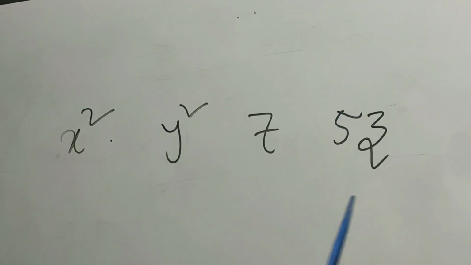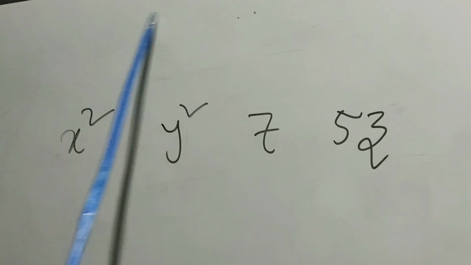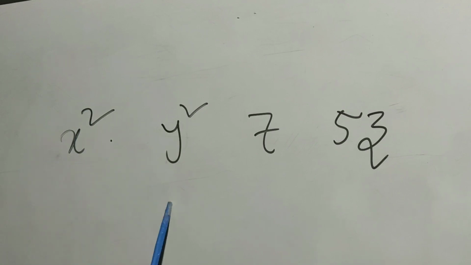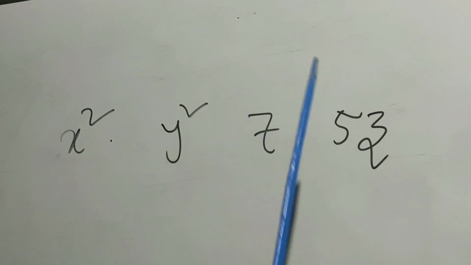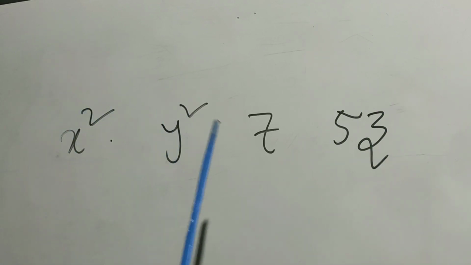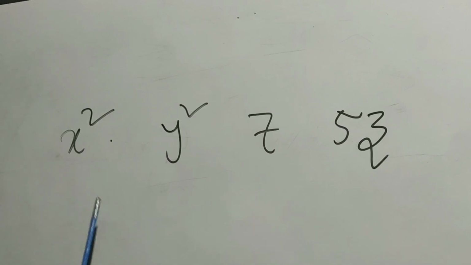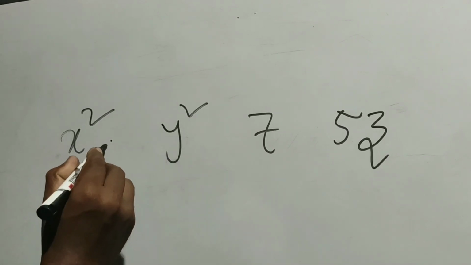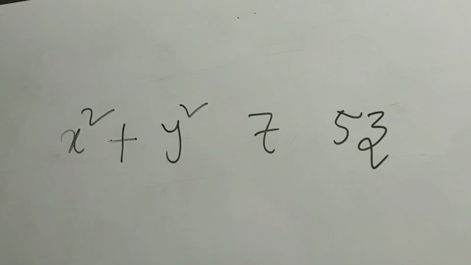Here a constant term and a variable are connected. If variables or constant terms or both, here both constant term and variable are present, are separated or connected by plus or minus. If I connect them or separate them by plus or minus, here you see I connected, here you see I separated, here you can see connected.